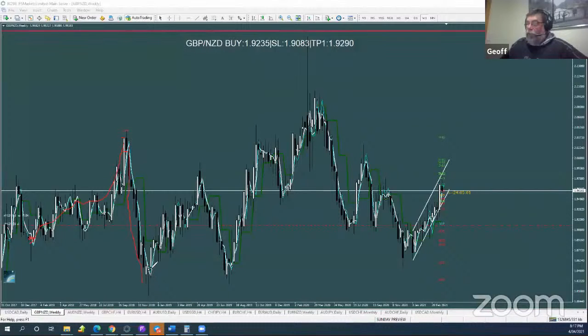The very next one, lower low, closed on or near its high, up to here. Higher high, closed on or near its low, down to here. Lower low, closed on or near its high, up to here, etc.